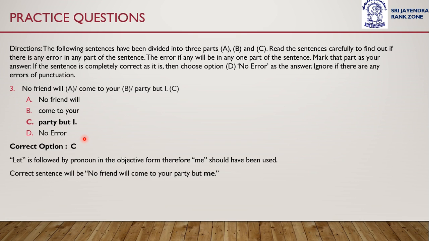So the correct answer is C. Why? Because the preposition but is followed by the objective case, so me should have been used instead of I. The correct statement would be: no friend will come to your party but me. Okay.